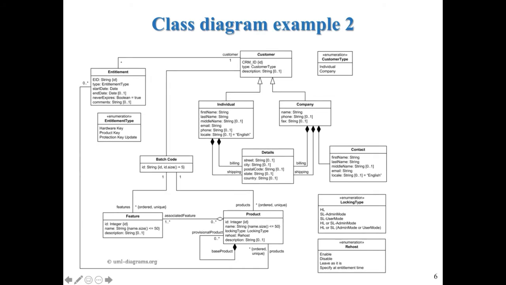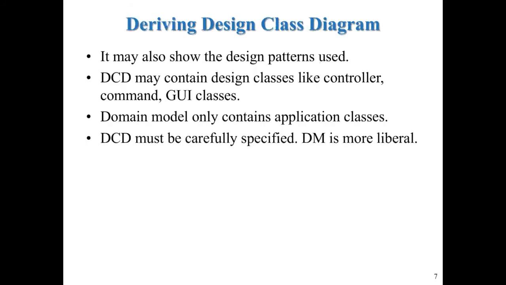And then there are some classes which are not connected to any of the classes. That's also possible, but usually it should not be there. It's not a good design. I took these pictures from the internet just to show you the idea of how your class diagram looks like.